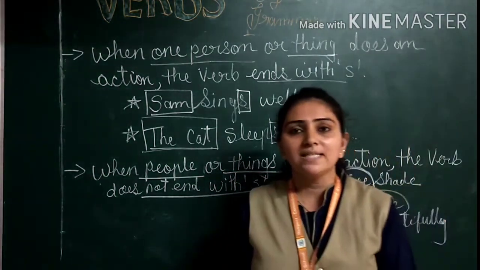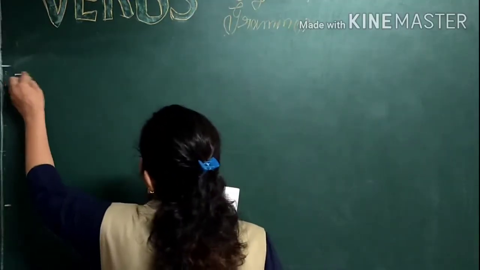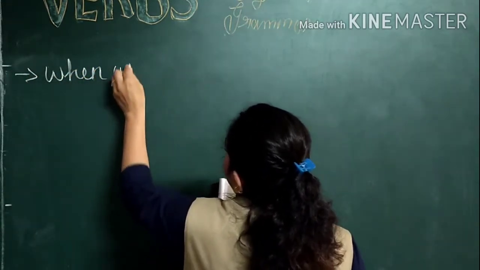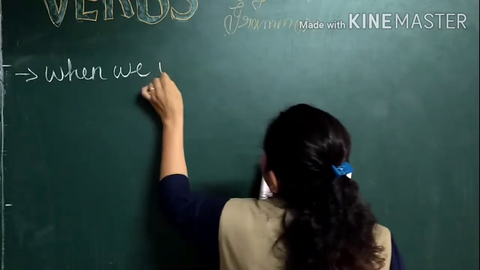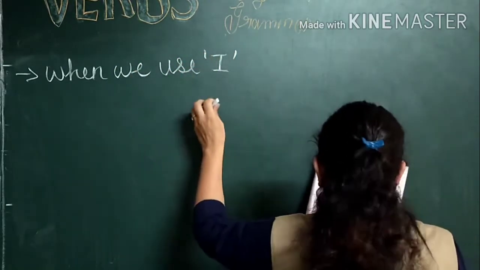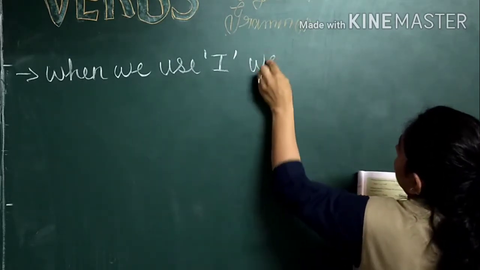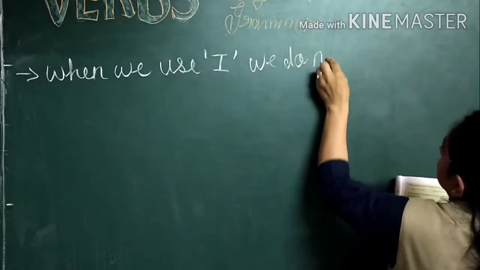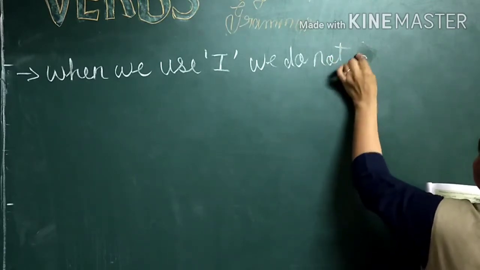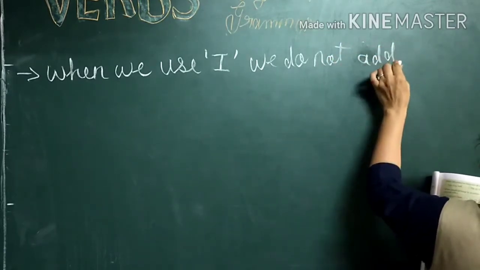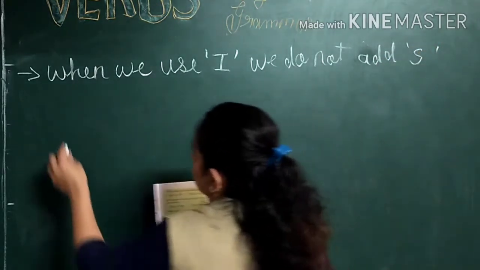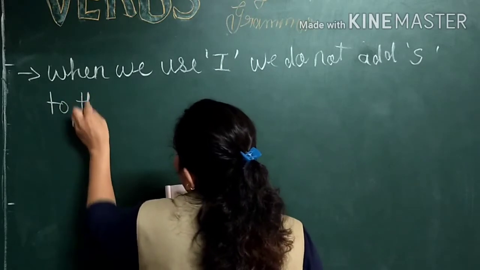Now let's see the third case. When we use I, we do not add s to the verb.